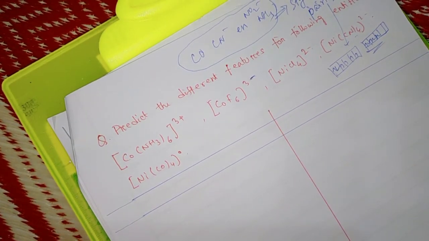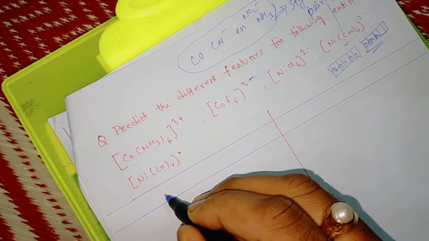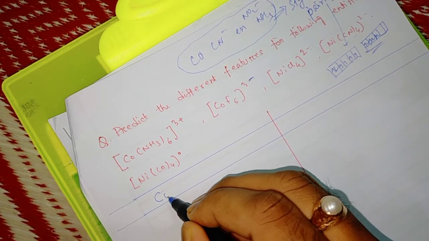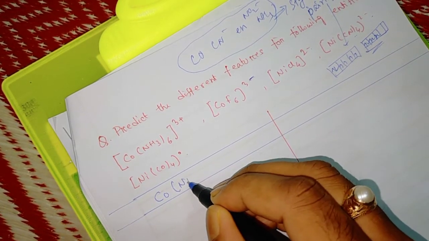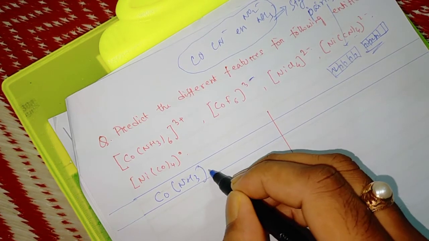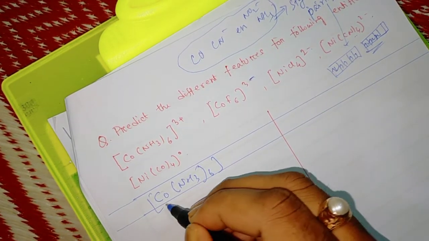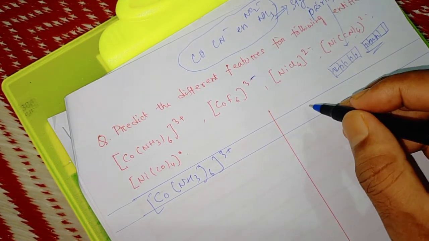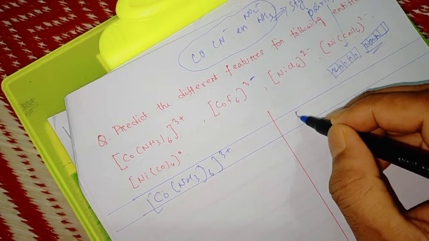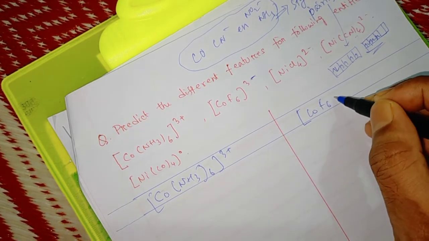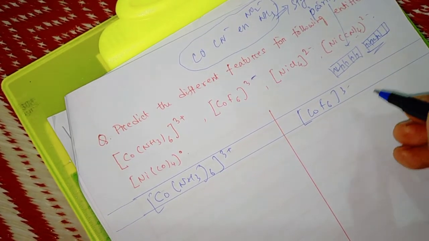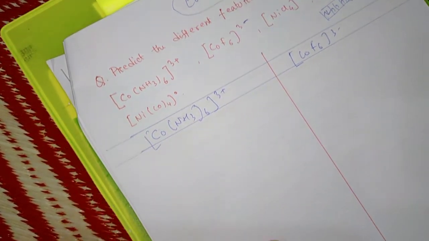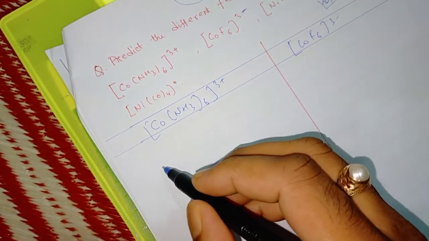Now we are taking the first two examples. One is [Co(NH3)6]3+ and another one is [CoF6]3-. And the rest of the examples you have to solve if you want.